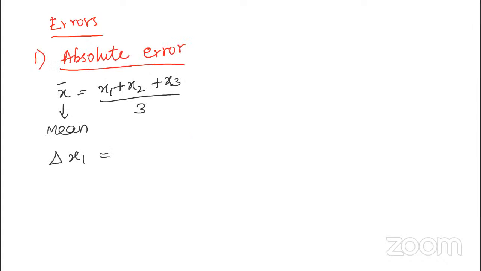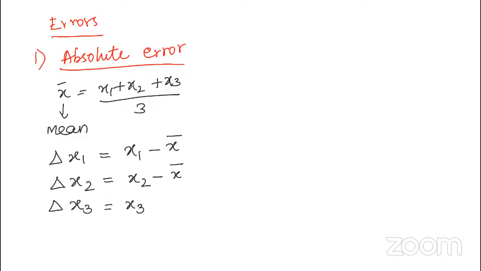So delta x1 is x1 minus x bar, and for delta x2 it is x2 minus x bar, and for delta x3 it is x3 minus x bar.